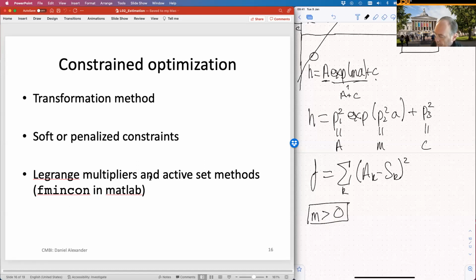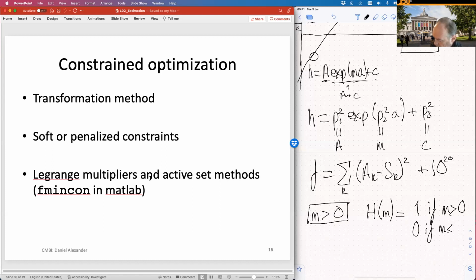So the sort of thing we might do is just add some massive number, 10 to the 20, let's say, whenever the value M is less than or equal to 0. We can write that mathematically. There's a thing called the Heaviside function, which is equal to 1 if M is greater than 0, and 0 if M is less than or equal to 0.